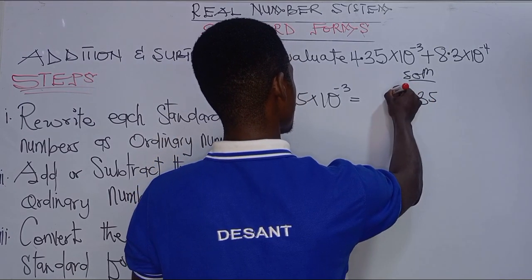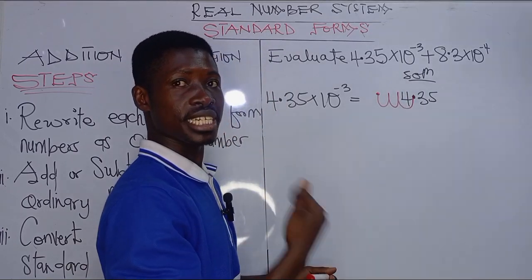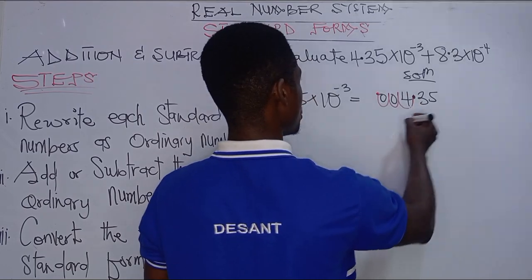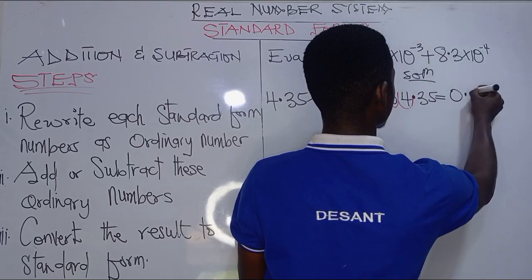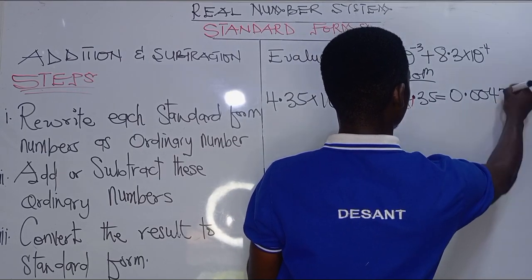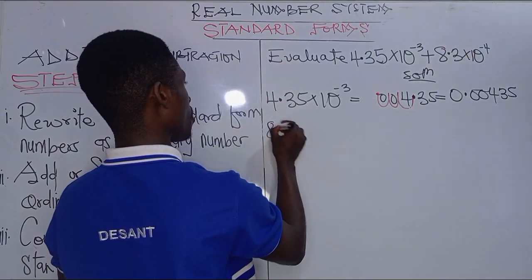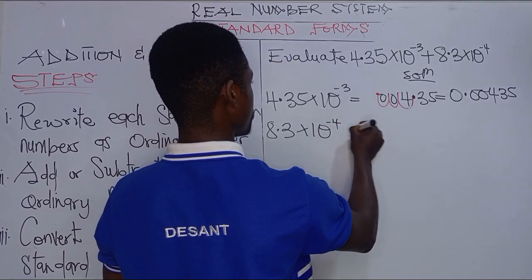So we have 1, 2, and then 3. So our decimal point is here. And then we fill each empty space with 0. So we have 1 and then 2. So our number becomes 0.00435.